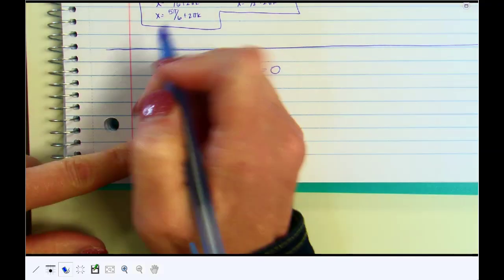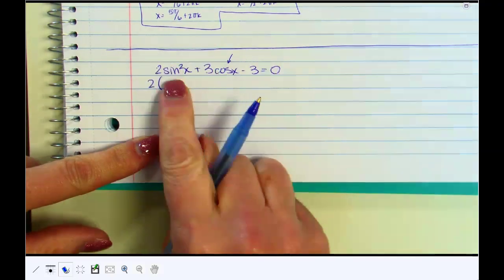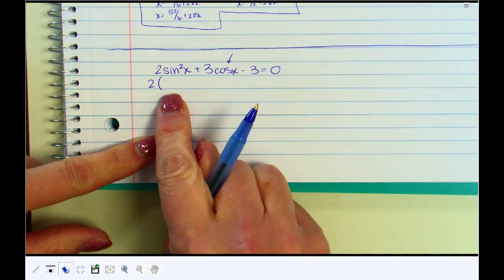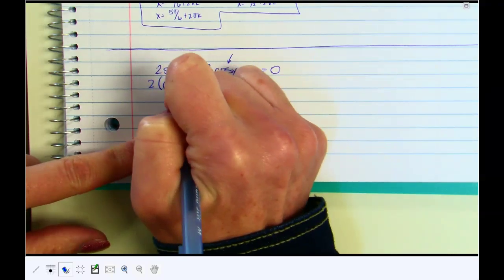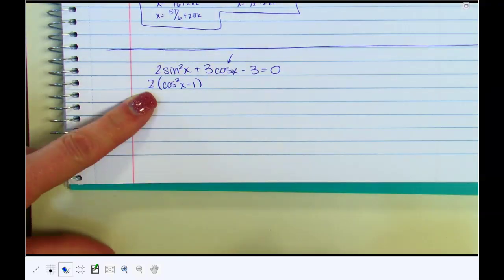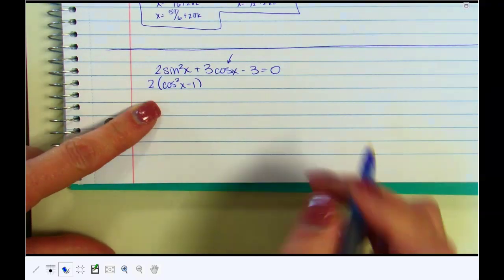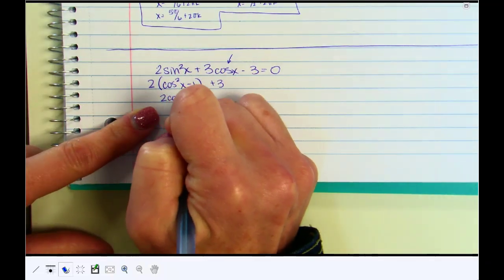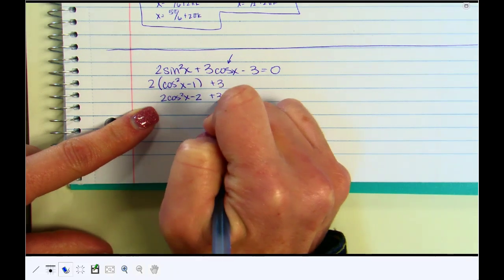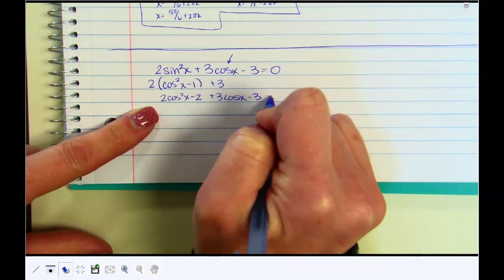Be really careful here because when you substitute the sine, it becomes something with an addition or subtraction. Cosine squared minus 1. But that is multiplied. They're both multiplied times the 2. So this is 2 cosine squared minus 2 plus 3 cosine x minus 3 equals 0.